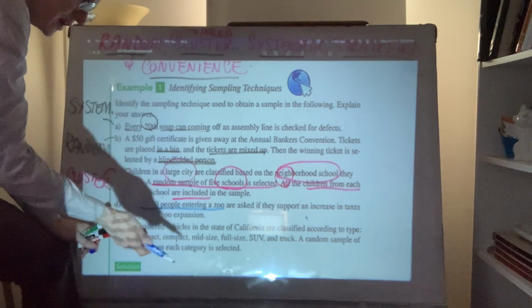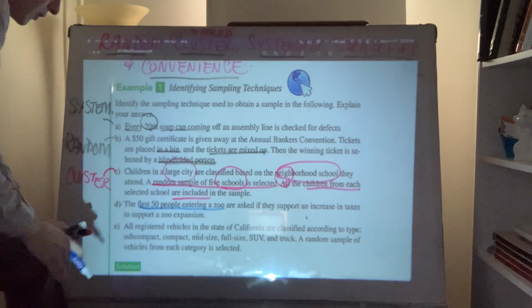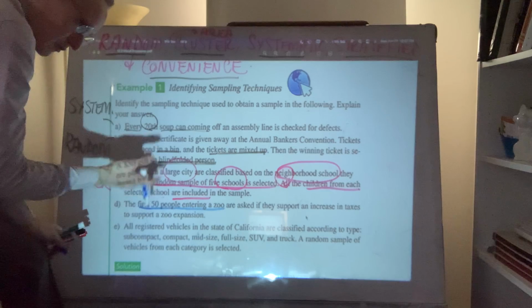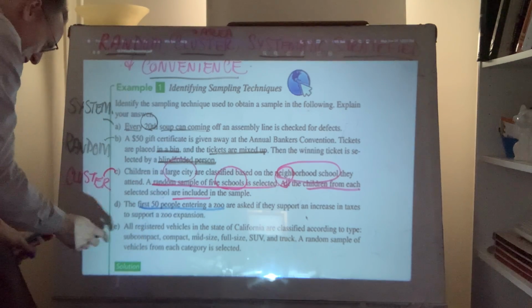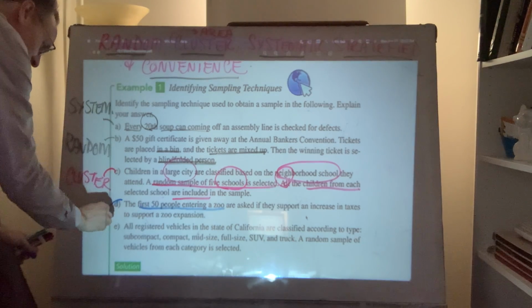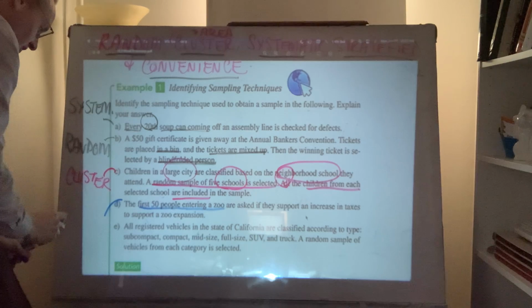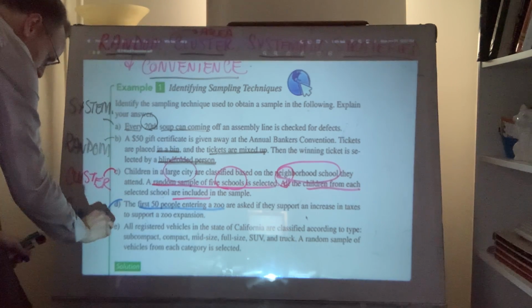But if you went down to, I don't know, the Pizza Hut and asked people about the zoo, you might get a more accurate representation of the total population, believe it or not. No, not my favorite pizzeria, by the way. This is an example of convenience sampling.